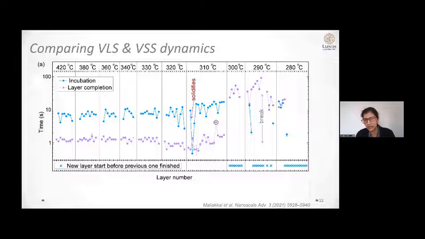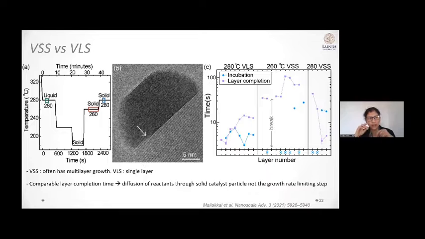we see that there are also double layer growths happening. And this is something which we see in other experiments also. So this is a second example where you see these double layers growing, and this is consistent for the different experiments that we see.